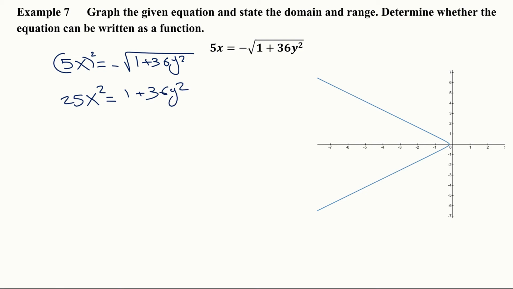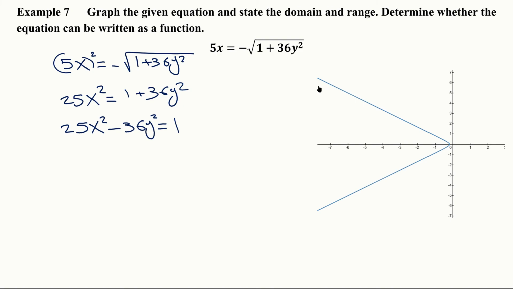So let's move that to the left side. 25x squared minus 36y squared equals 1. Okay, this is one of those where you notice you have a 1 on the right side already, so that's not going to rescue us from the situation here.